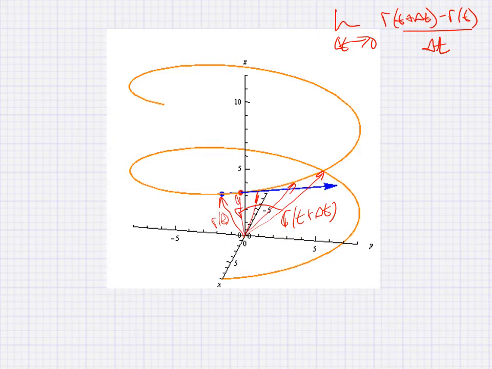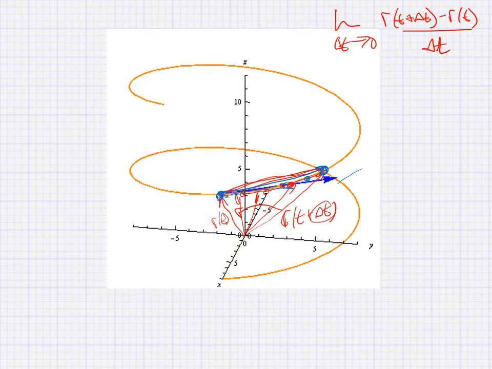By shrinking delta t down to 0. So what we're doing is we're making this vector get closer and closer here, which essentially moves us along the curve. And then we look at the vector between this point and this point here, which we can call the secant vector. And that secant vector, as delta t gets closer to 0, scales down to become essentially this final blue vector, which is the tangent vector at this location.